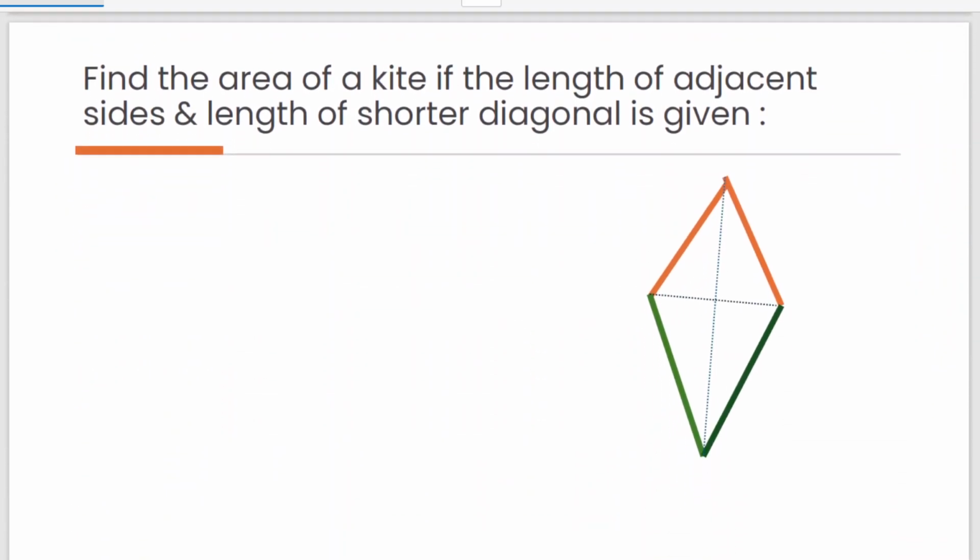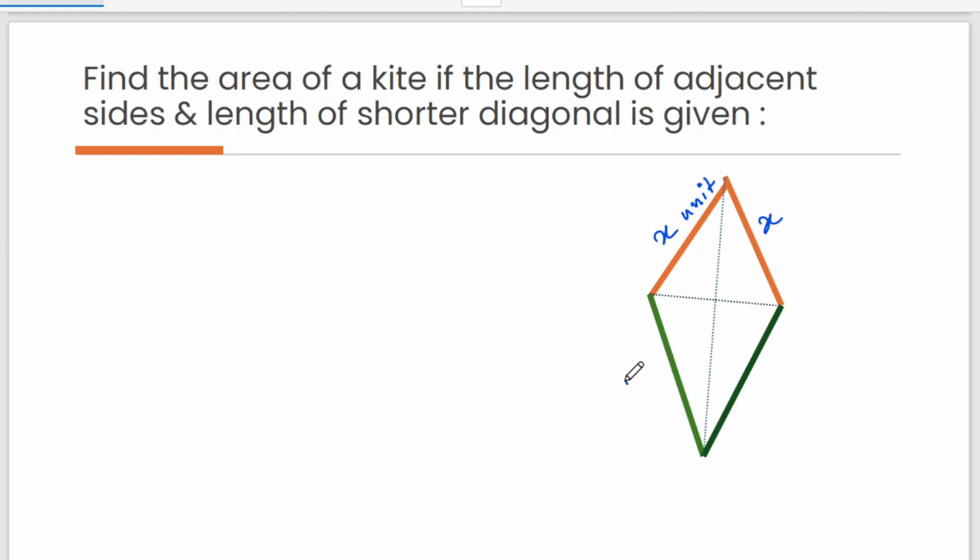Now we have one more question that we are going to discuss: find the area of a kite if the length of adjacent sides and the length of the shorter diagonal is given. See, if somebody asks you a question that they have given you the length of adjacent sides, say this is X unit, and this is also X unit.